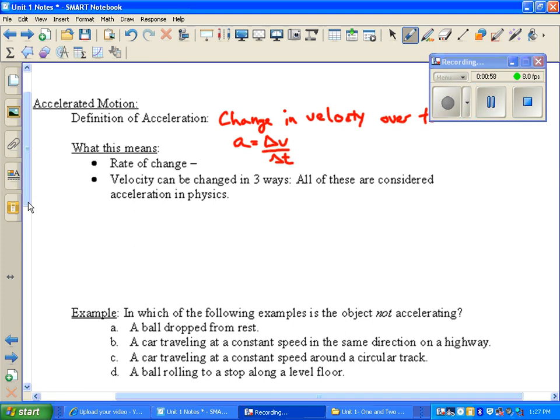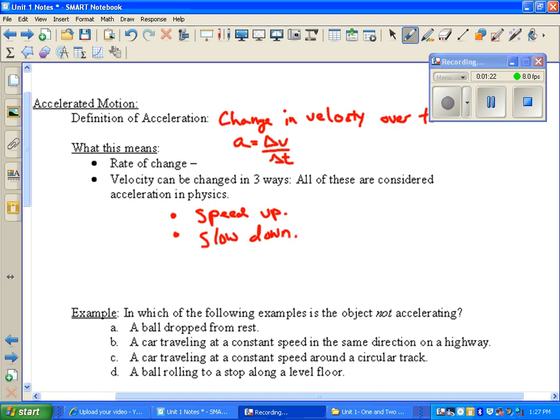Now, velocity can be changed in three ways. It should be obvious for one thing, and we talk about acceleration all the time. It means to speed up. We say that something that's accelerating is speeding up. But there's another way I could change the velocity. I could also slow down. And that's also considered an acceleration.